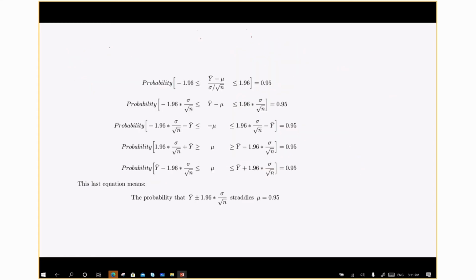The takeaway from the last slide is that the probability of the random variable y bar minus mu over sigma divided by the square root of n lying between minus 1.96 and positive 1.96 is equal to 0.95.